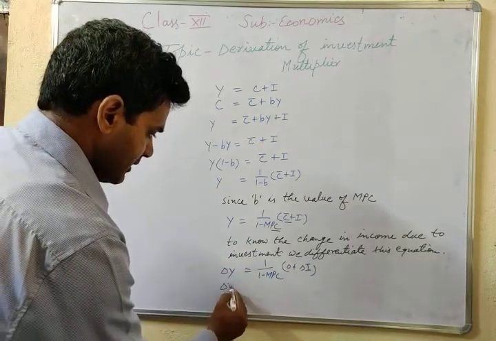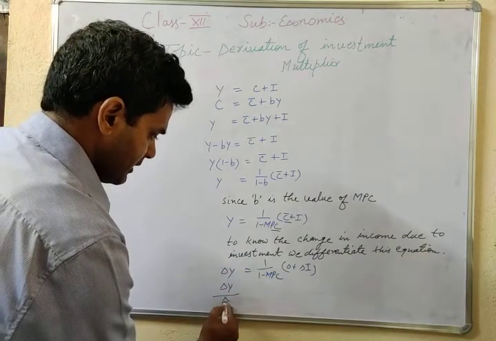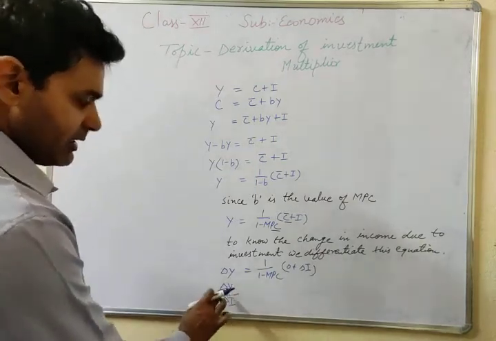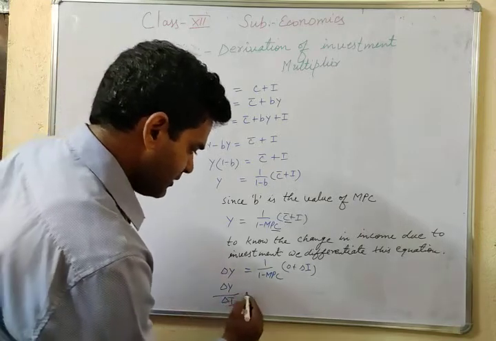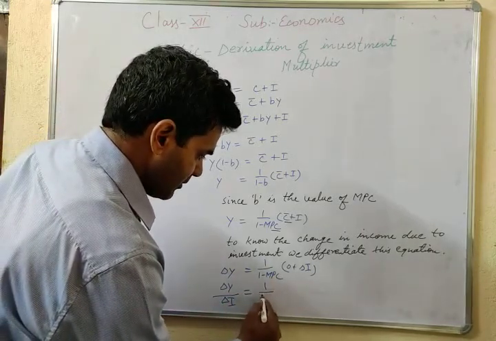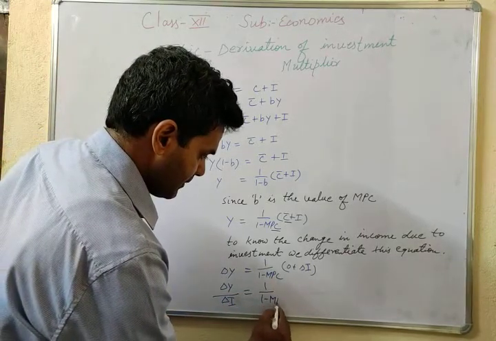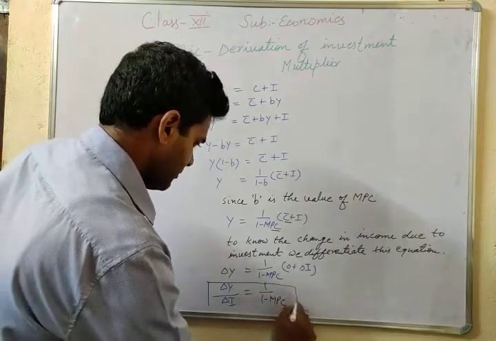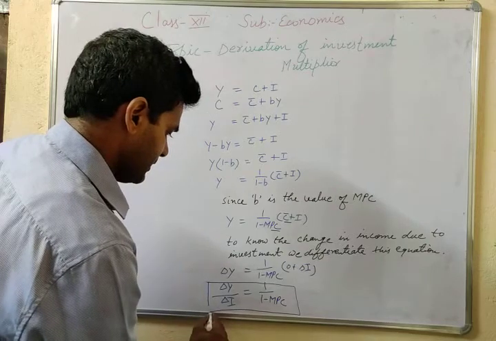So delta Y over delta I, which is nothing but the formula for getting the value of multiplier, is equal to 1 upon 1 minus MPC. So this is the derivation of investment multiplier.